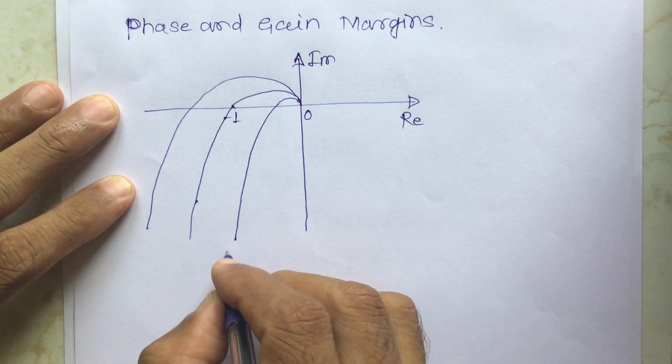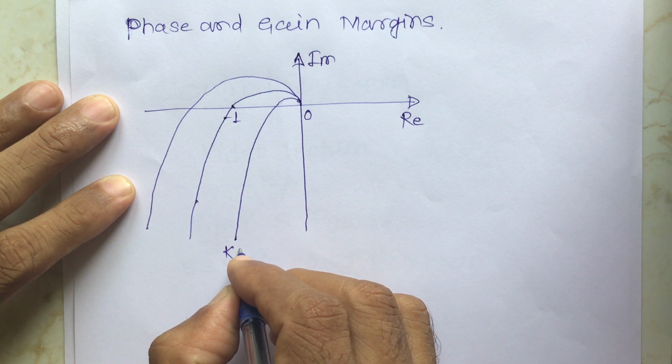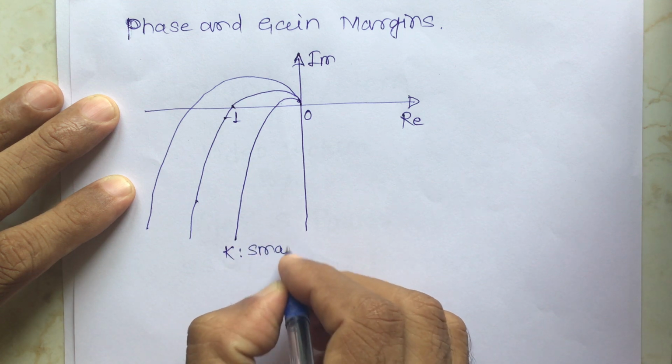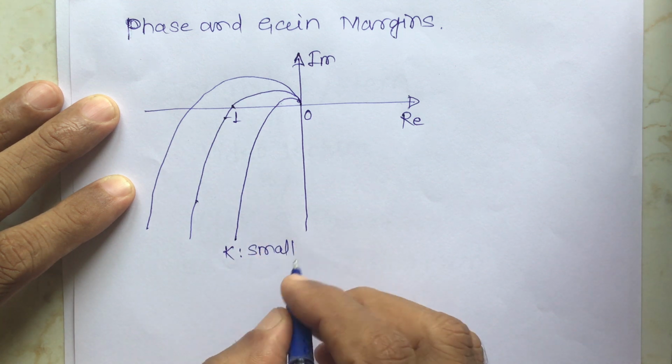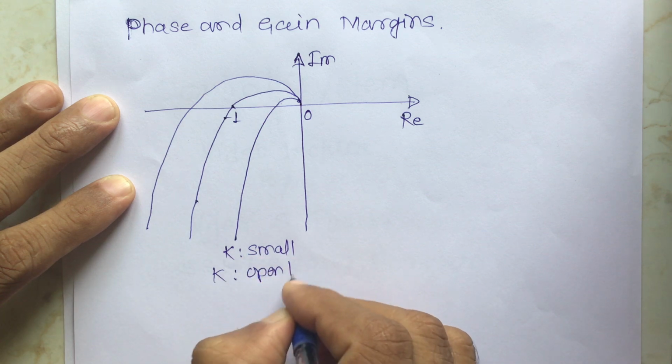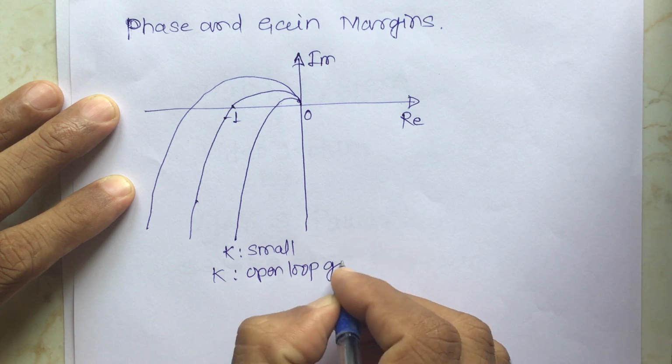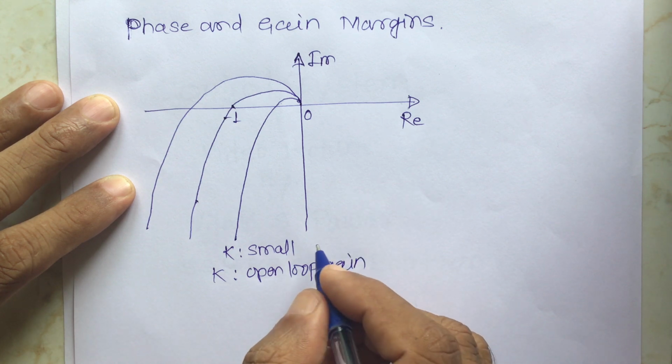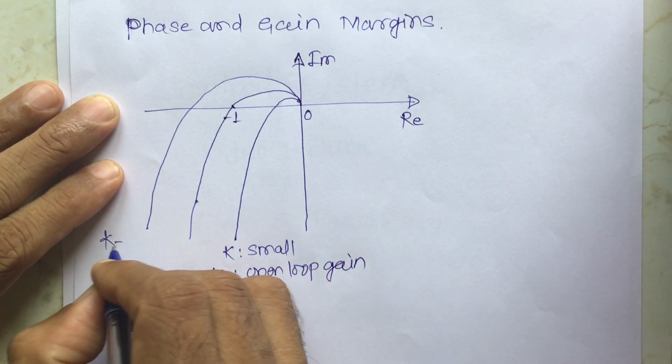K. So this is gain K. We can say this is small, okay, where K is the open loop gain, and this is K is equal to large.